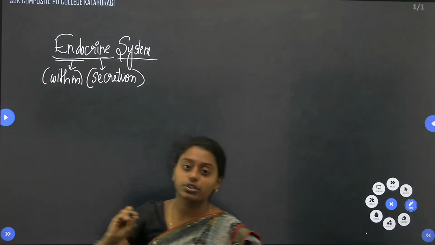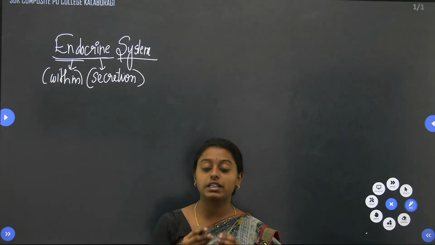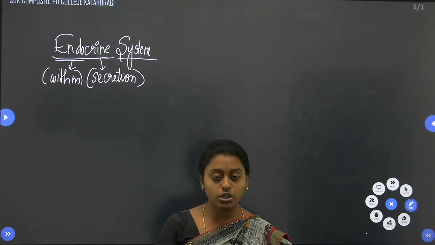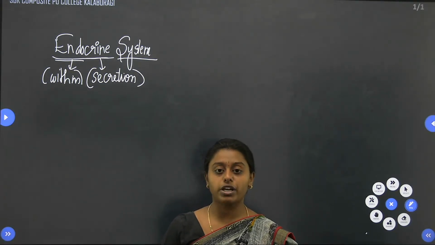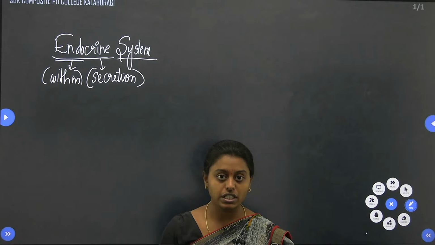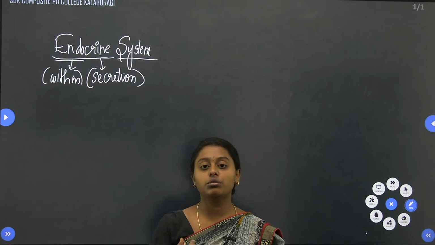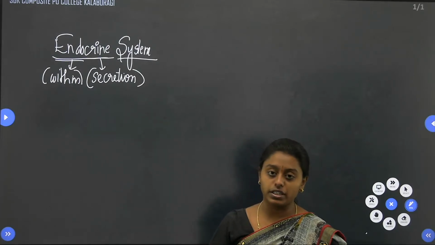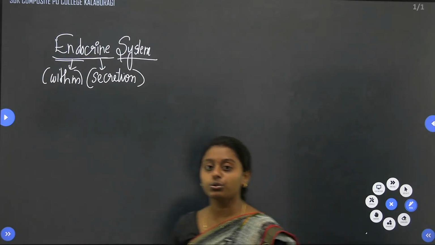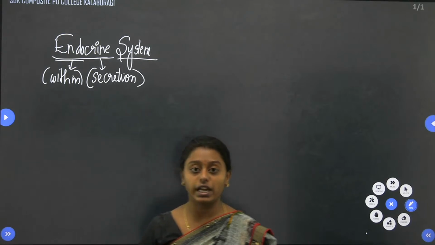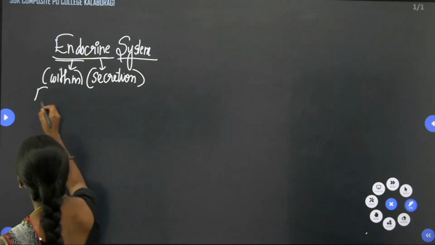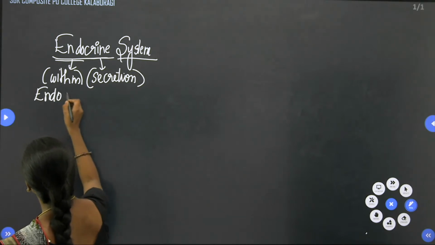So there is secretion of chemical compounds by certain glands or organs directly into the bloodstream. Such a system, which comprises the group of glands whose secretions are put directly into the bloodstream, we call the endocrine system. Let us look into the different types of endocrine glands that are present in human beings.